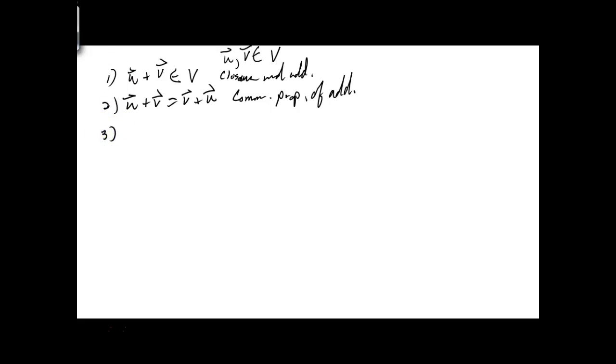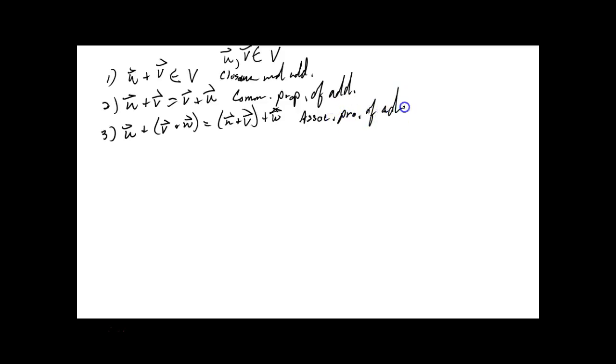Number 3. When you're adding 3 or more vectors together, u plus v, plus w is going to be the same as u plus, v plus w. It doesn't matter how you arrange them, they're all going to come out the same. And this is the associative property of addition.